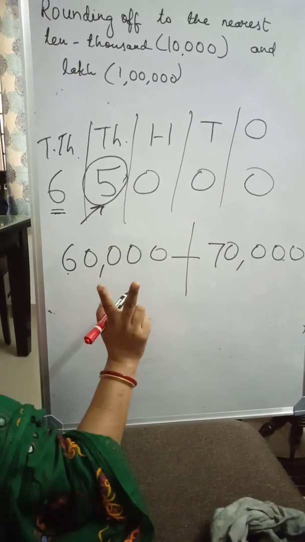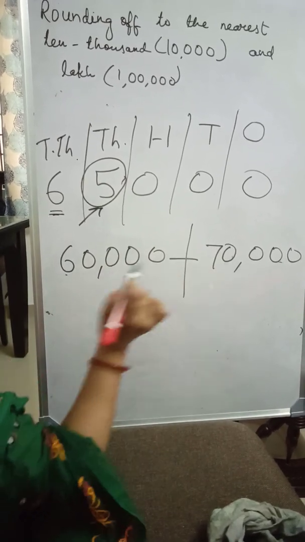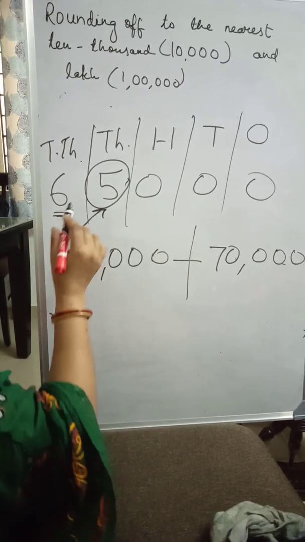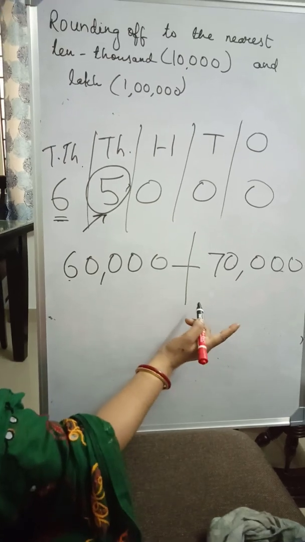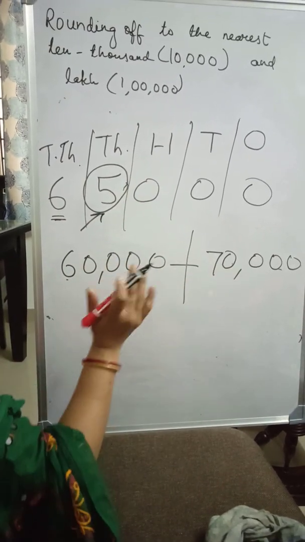Now come to the second point. This 65,000 is in between 60,000 and 70,000, and it is just halfway between them.